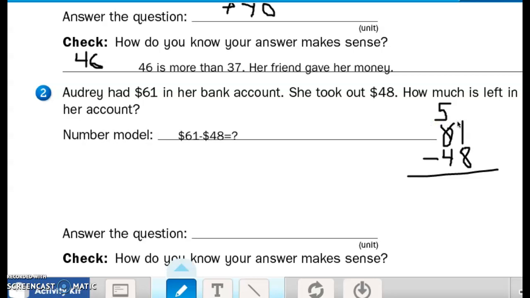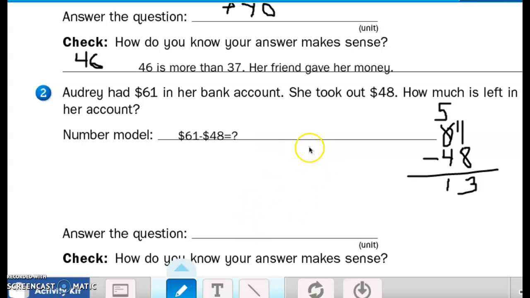And we're going to bring the 1 over. And this has become 11 now. So 11 minus 8 is 3. 5 minus 4 is 1. Now, is 13 less than 61? Yes, it is. So I think it might make sense.